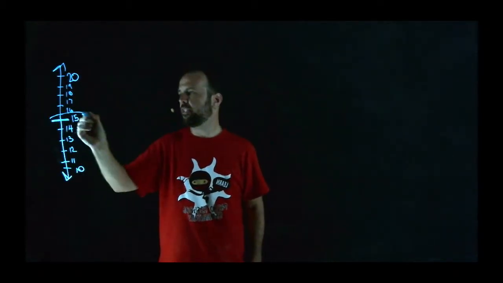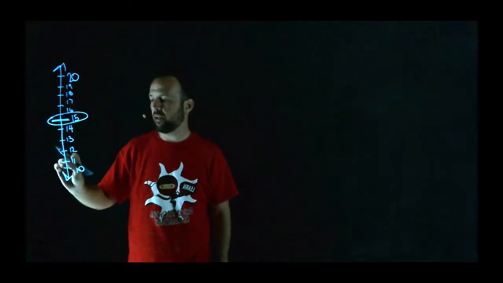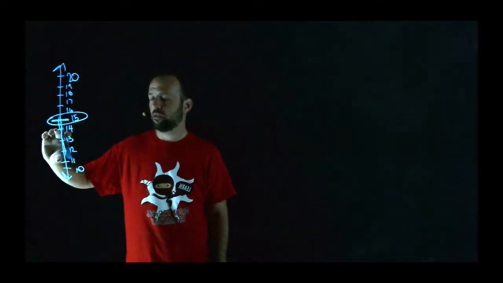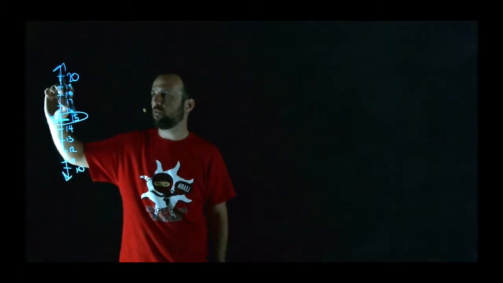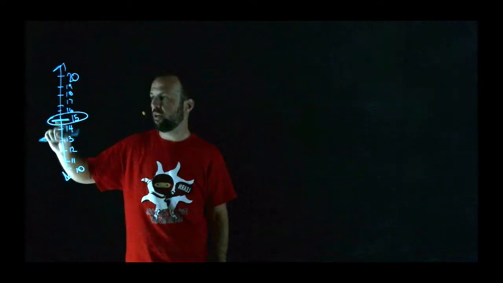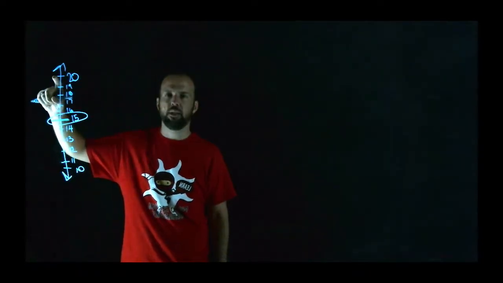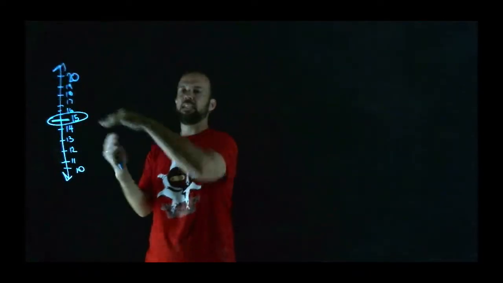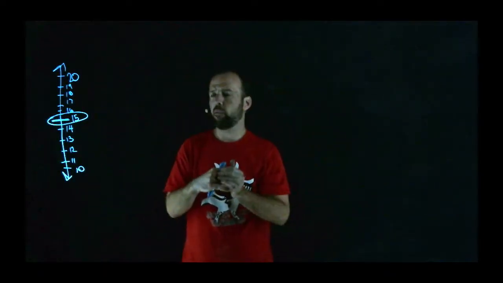We know that 15 is going to be our midway or our halfway point, because if we look, I have 1, 2, 3, 4 rungs here, and I have 1, 2, 3, 4 rungs here. Or if we want to count all of them, 1, 2, 3, 4, 5, 1, 2, 3, 4, 5. So you get the idea that 15 is going to fall right in the middle. That's our halfway point.